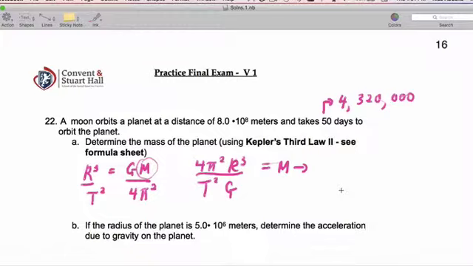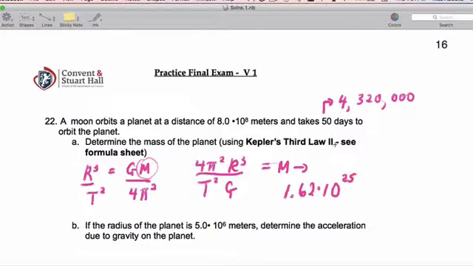So 4 times pi squared times r cubed divided by the time, and then also divided by the universal gravitational constant is going to give us a mass of 1.62 times 10 to the 25th.